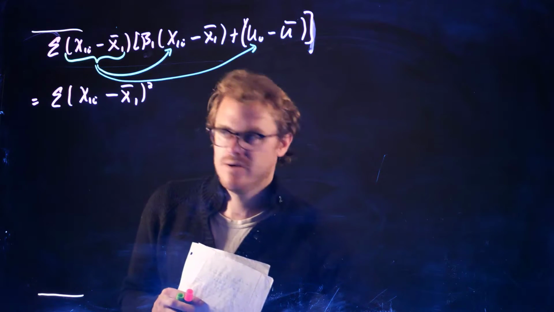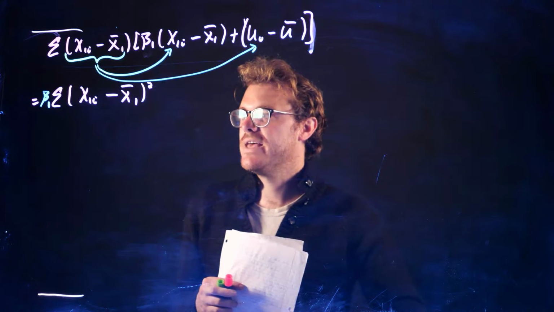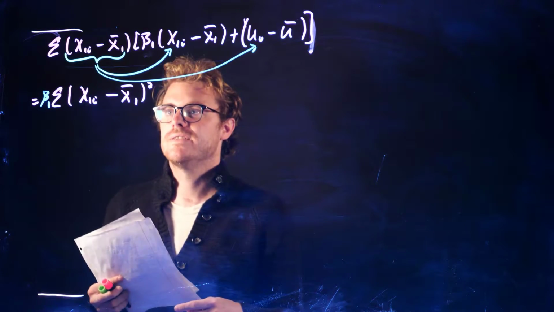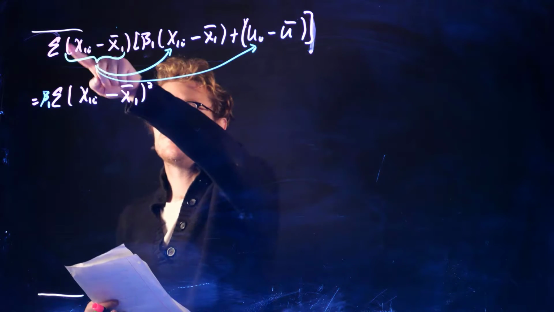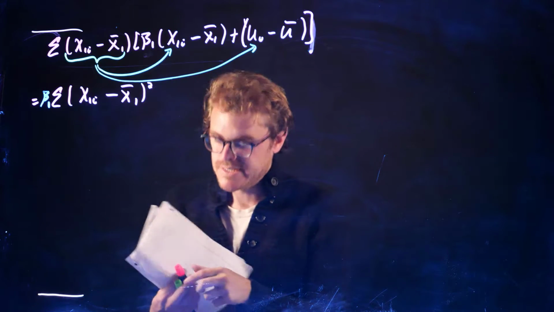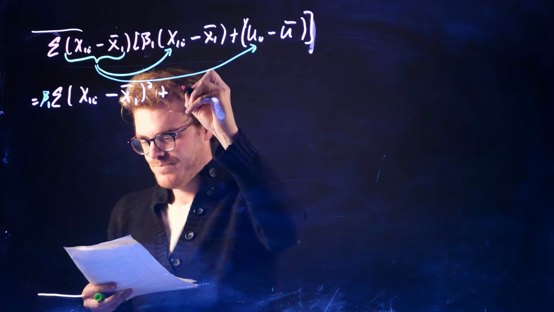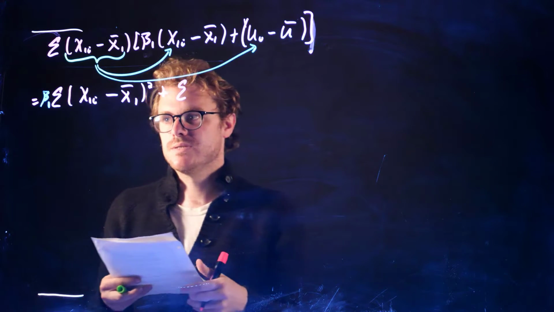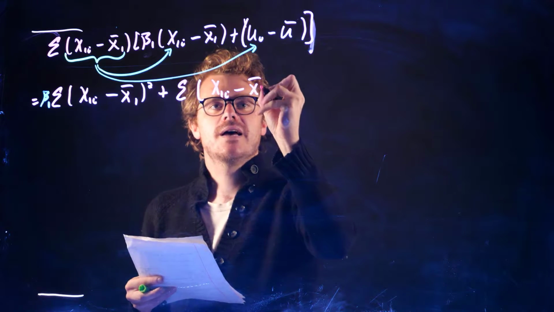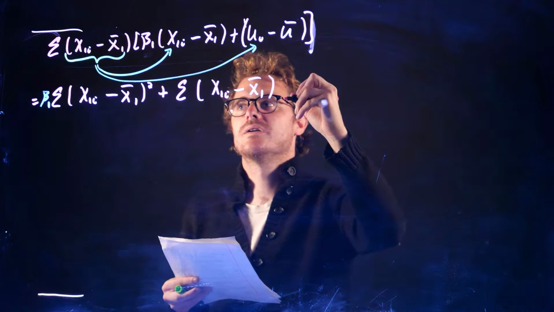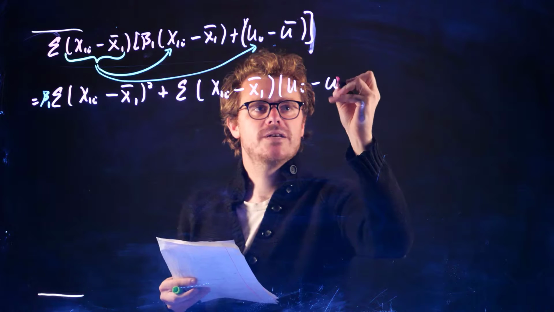But notice that this beta 1 is a constant because it's the true value, so we're just going to leave it in the front there. And then we have the second term, this first bracket times this second bracket. And so we have plus, if we divide up the sums, the sum of x1i minus x1 bar from here to there times ui minus u bar.